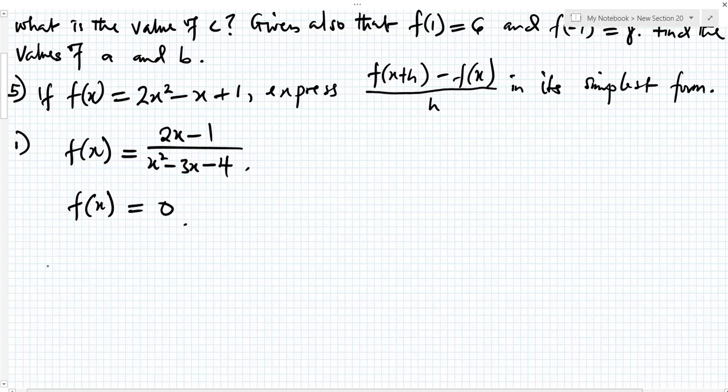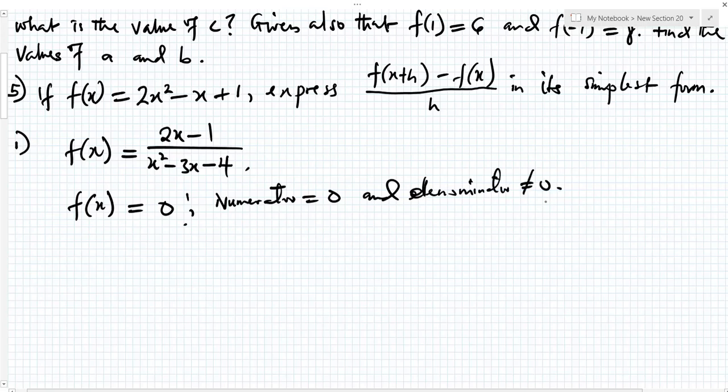So for f of x to be equal to 0, that means the numerator will be equal to 0 and the denominator will not be equal to 0, meaning the numerator is 2x minus 1, so this should be equal to 0, while the denominator, x squared minus 3x minus 4, is not equal to 0.